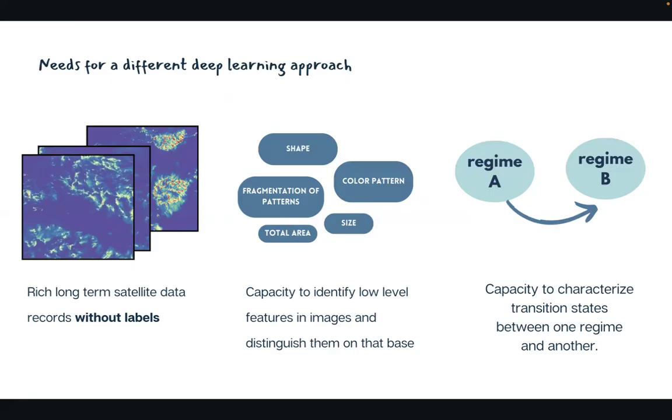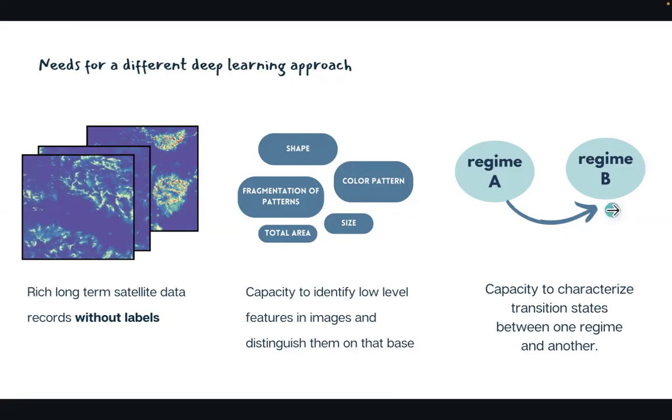All these semantics that rely in these satellite images that our eye can capture by instinct, but are not so explicit for a machine learning model. And we want the machine learning model to be able to see these things and learn from that. And then we want this model to be able to characterize the transition between a regime A of cloud type and a regime B of cloud type.